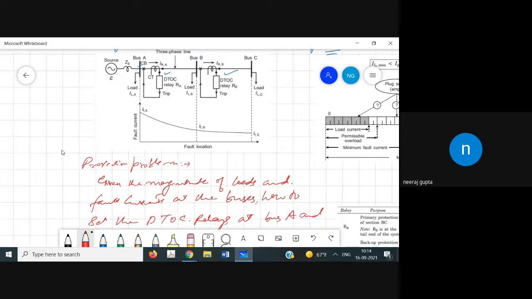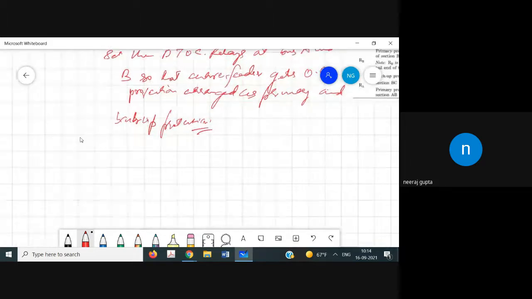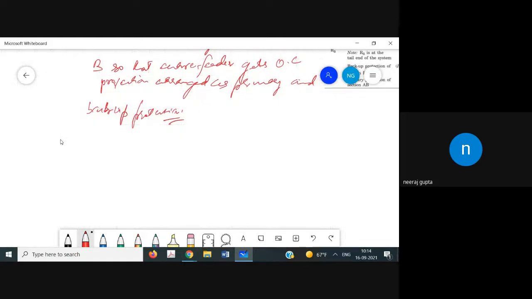Now, how to solve this problem? For the solution of this problem, the first step is to select the ratio of CTs.